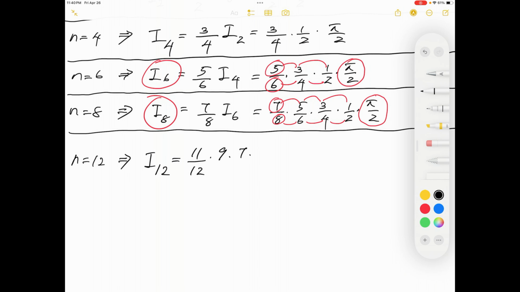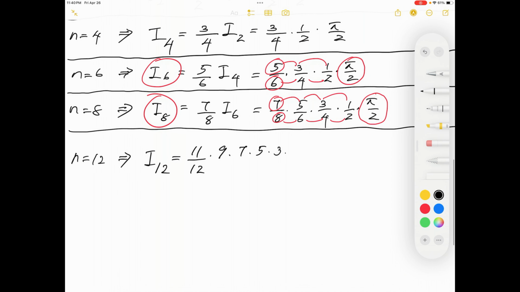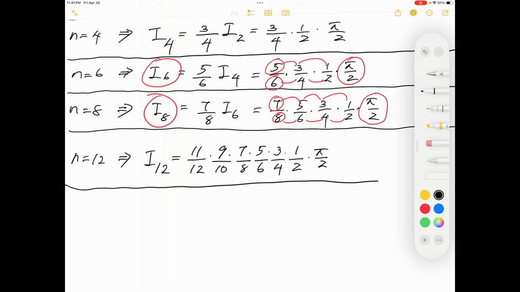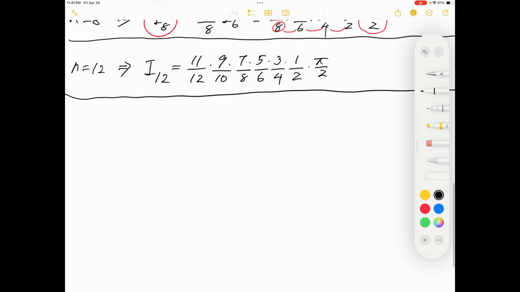On the numerator, I will have 11 minus 2 equals 9, 9 minus 2 equals 7, 7 minus 2 equals 5, 5 minus 2 equals 3, and 3 minus 2 is equal to 1. In the denominator, 12 minus 2 equals 10, 10 minus 2 equals 8, 8 minus 2 equals 6, 6 minus 2 equals 4, and 4 minus 2 is equal to 2. Finally, I need to multiply all of that by pi over 2.